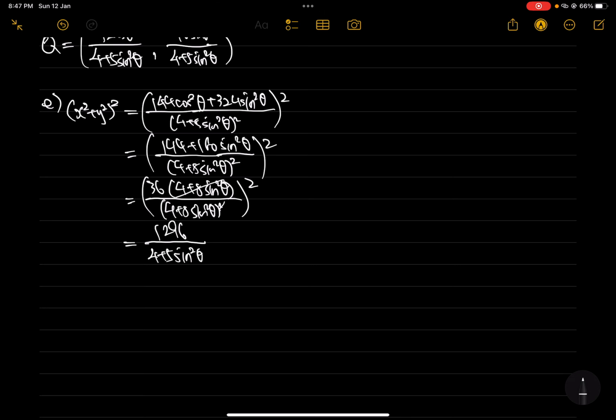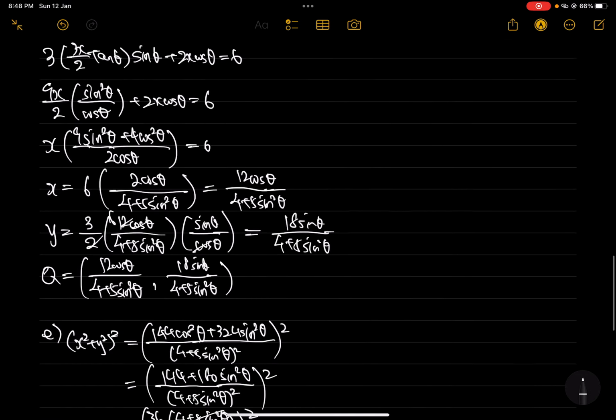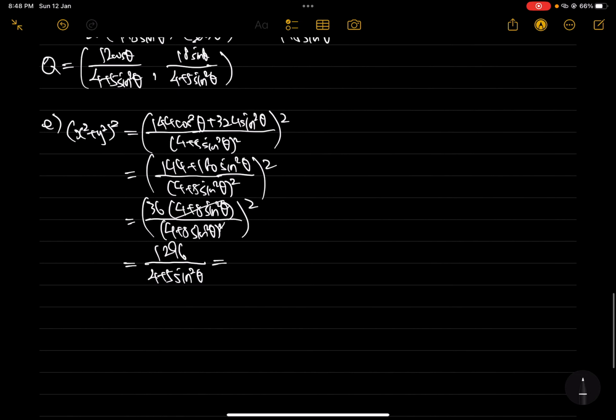And this thing is equal to alpha x squared plus beta y squared, which means this is equal to that thing, sorry, this should be.